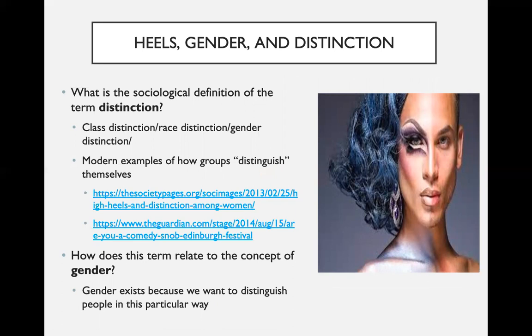And there are all types of distinctions that we make, class distinctions, race distinctions. Obviously, in this class, we're going to focus on gender distinctions. We distinguish people based on their level of taste. Do you like highbrow taste? Do you go to Broadway and ballet, and do you like classical music, or what we consider to be lowbrow?